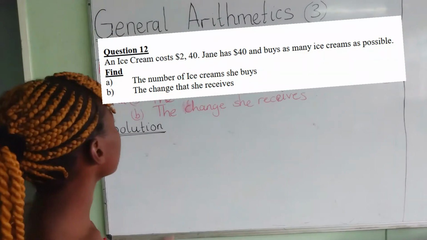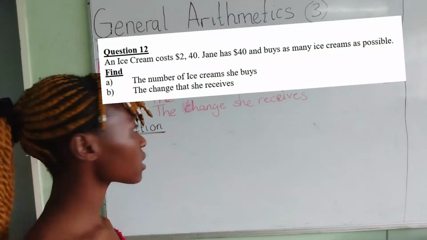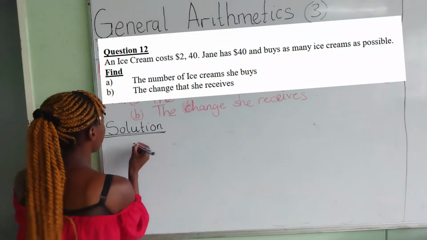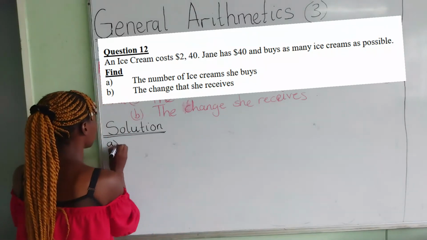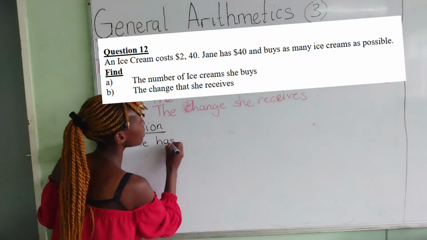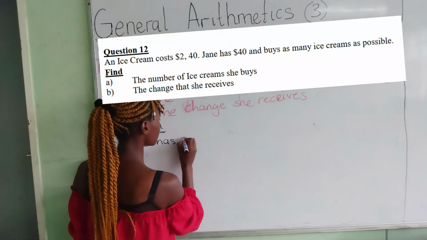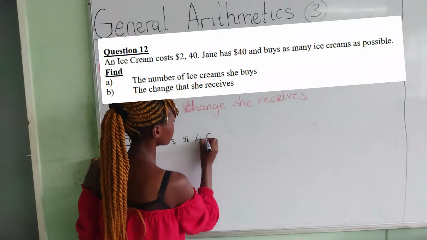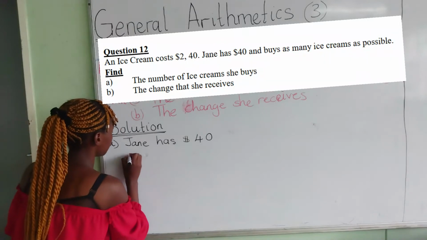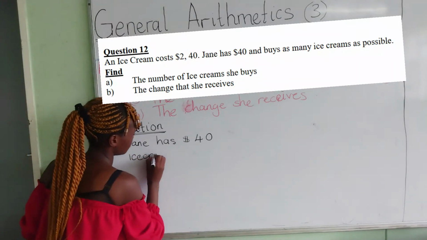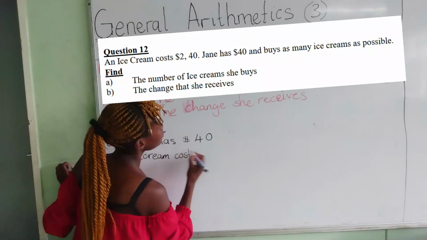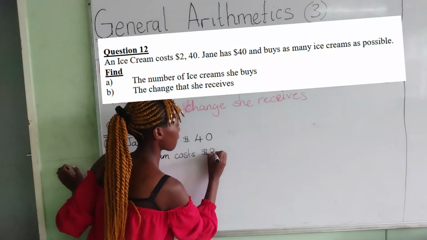Okay, so for the number of ice creams she bought, we're going to say Jane has $40, and an ice cream costs $40.